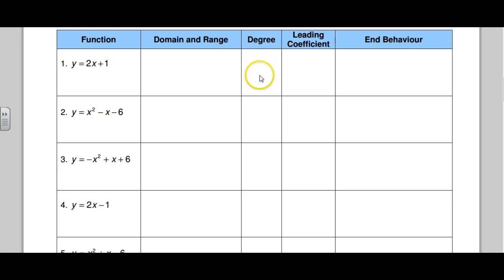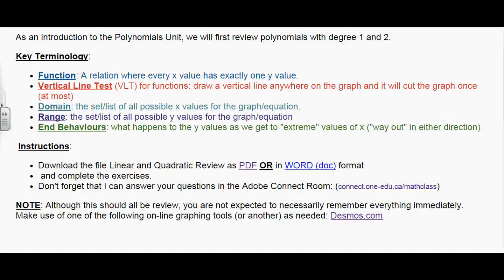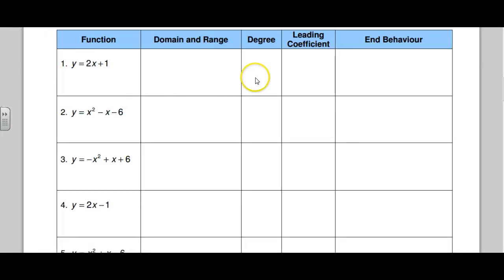Degree is pretty straightforward. It's the exponent on, I guess I don't think I wrote that, it's the largest exponent in the expression. So here, the largest exponent is x has an exponent of 1. Here, x has an exponent of 2. And so we're starting to compile the data, what happens with the domain and range.